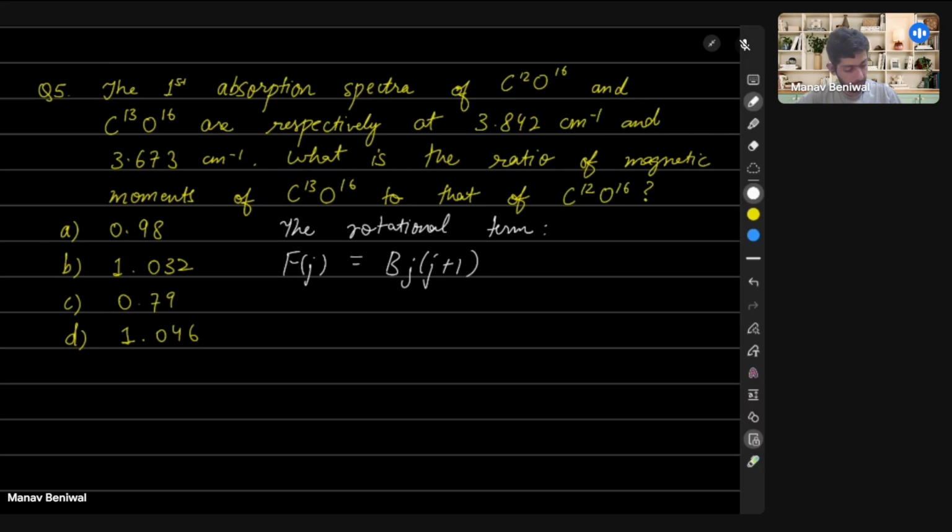This is the rotational term, and here B is related to moment of inertia, and this B is the rotational constant. So B is inversely proportional to moment of inertia. Let me write it here. So B is inversely proportional to moment of inertia.